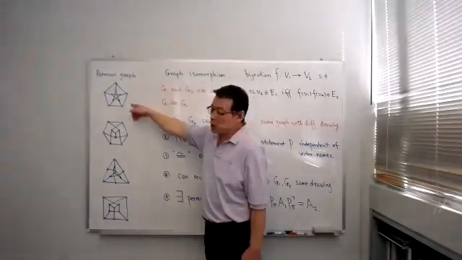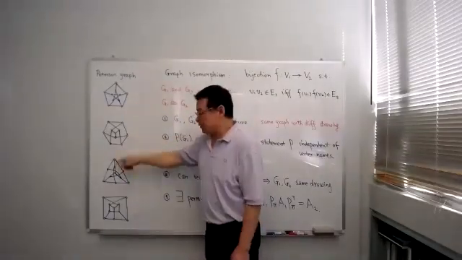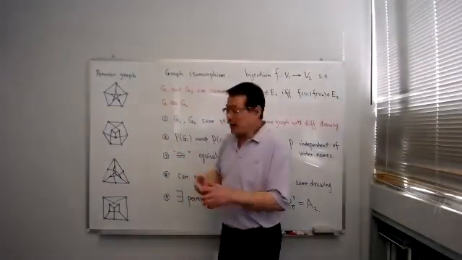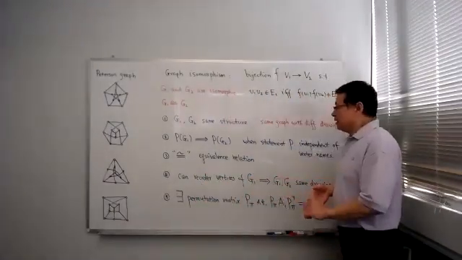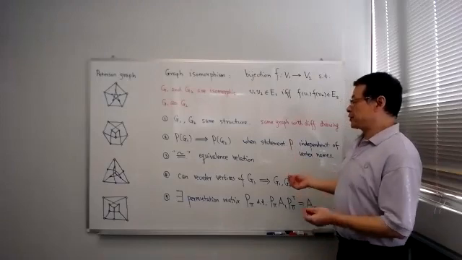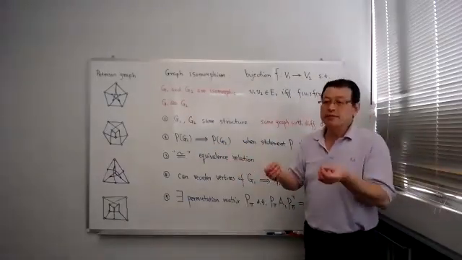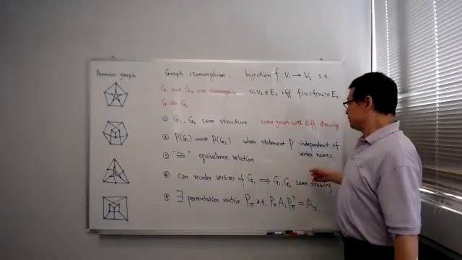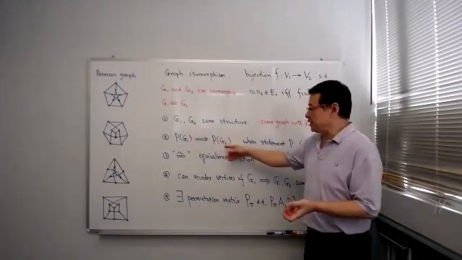Similarly, this one has 120 automorphisms, then each of these graphs has 120 automorphisms. So isomorphism allows us to treat G1 and G2 as actually the same graph. They have the same structure. It's quite useful because once we know the results for G1, we can use these results for G2 directly.